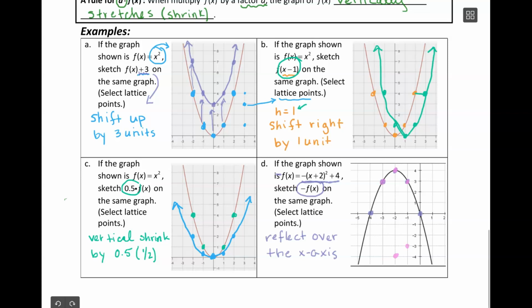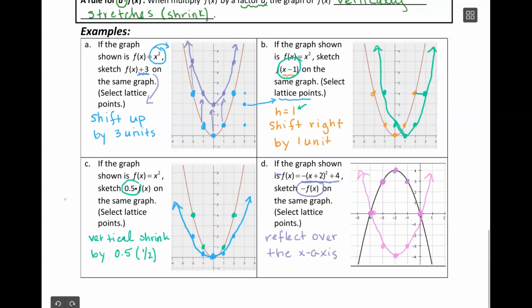This point here is also at 3, so it's going to reflect to -3. Now this point's at 0. The reflection of 0 is just 0, so it's going to stay there.